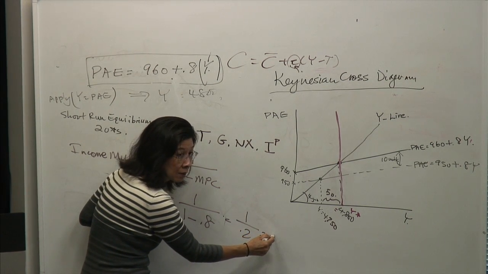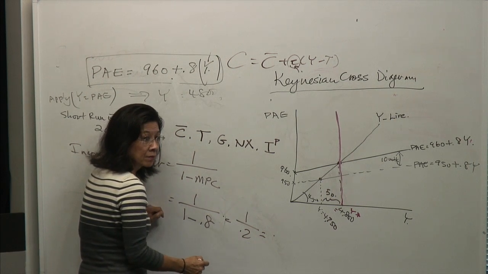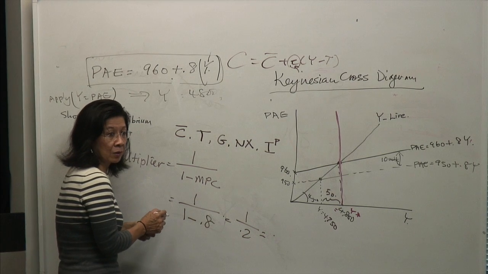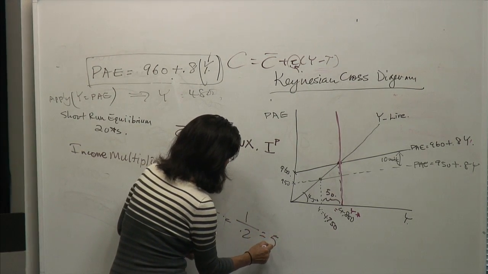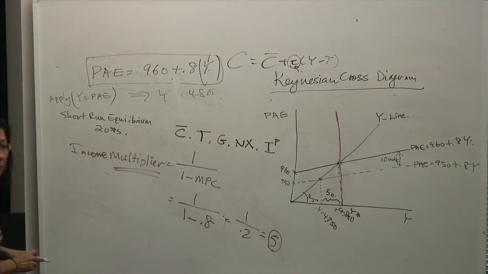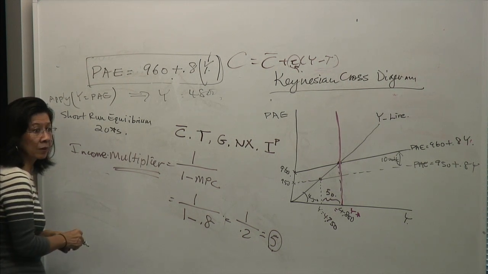Very good, 0.8. So if we solve it, 1 minus 0.8 is 0.2. So what's the answer? I know it, but I'm asking you. What is 1 divided by 0.2? 5. Very good, 5. So remember our money multiplier? This is your income multiplier, it's 5 times.